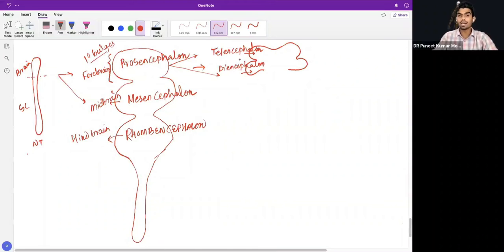Okay, so both are the bulges of your forebrain.